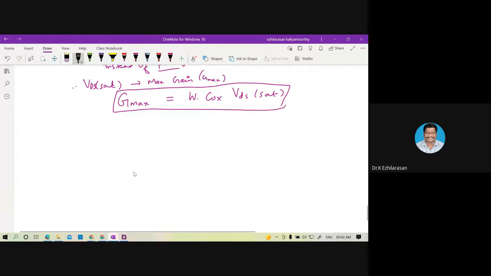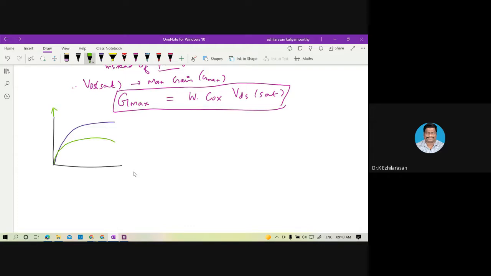The first graph will be shown here. This will be the long channel effect, and this will be the short channel effect.